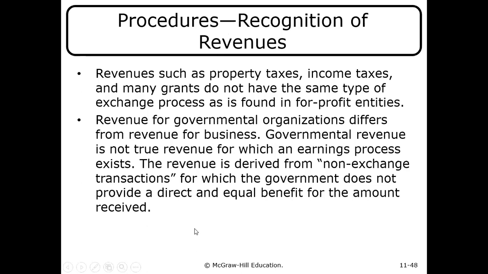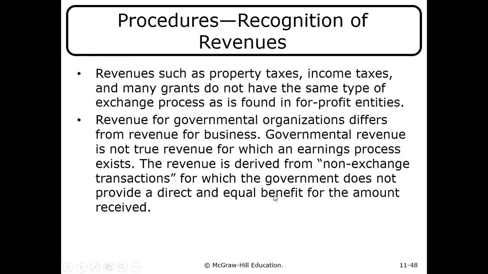So revenues such as property taxes and income taxes and grants do not have the same type of exchange process as for-profit entities. Like I just said, revenue for governmental organizations differs from revenue for businesses. So the revenue principle doesn't really apply to them. Governmental revenue is not true revenue for which an earnings process exists. The revenue is derived from non-exchange transactions, for which the government does not provide a direct and equal benefit for the amount received.